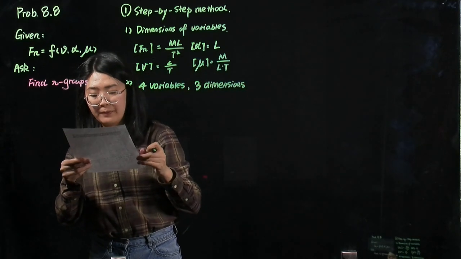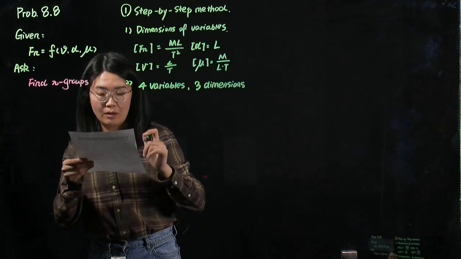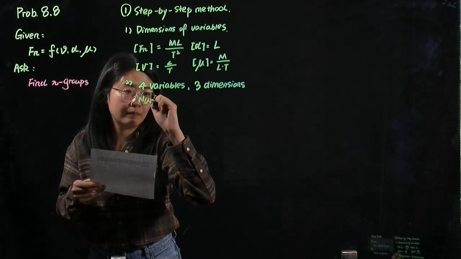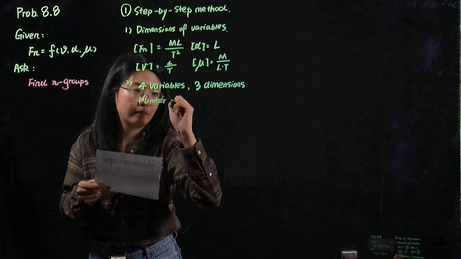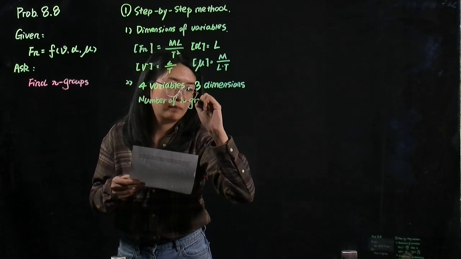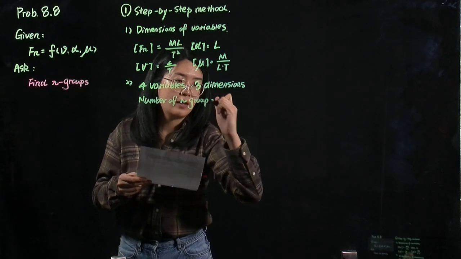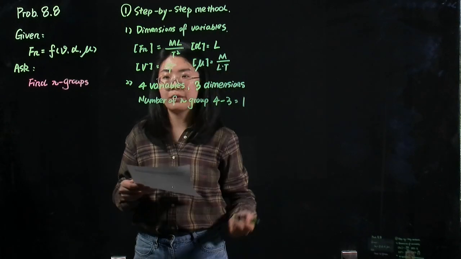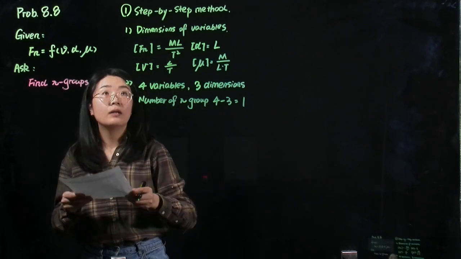So the number of pi groups is 4 minus 3, which equals 1. So there is only one pi group.